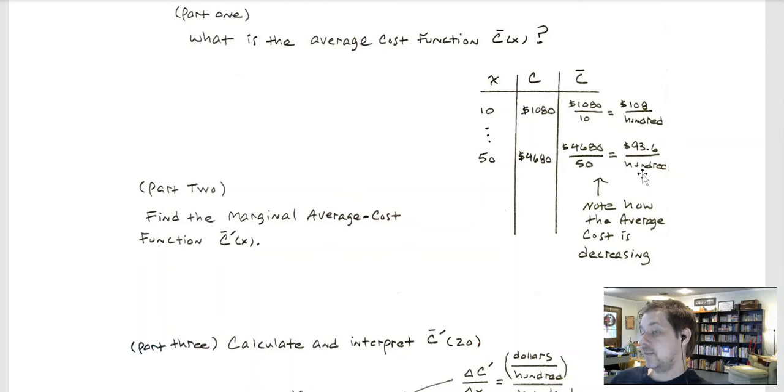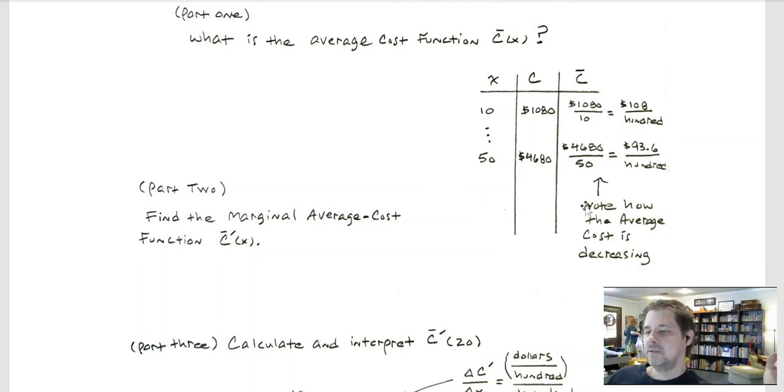You see how I got the average? I took the cost and divided it by the number of units. 1,080 divided by 10 is the average cost. I had to interpret the number a little, leaving the verbal 100 behind when I divided by the 10, but that's how the units work out.